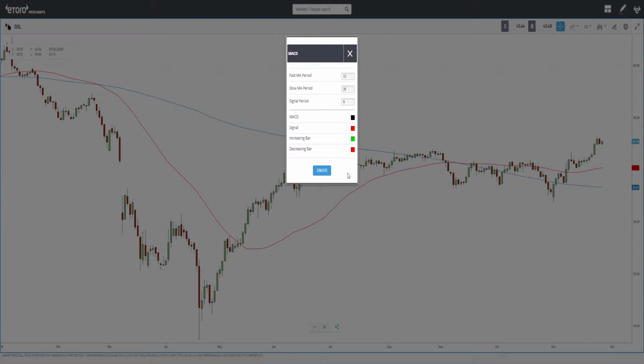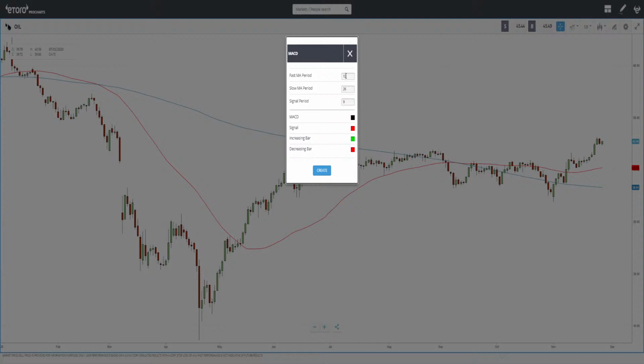So there are two moving averages within the MACD. You have the 12 period moving average, and then you have the slower 26 moving average. The reason it's called slower is because it uses more periods. So the lower this number is, the faster it moves.